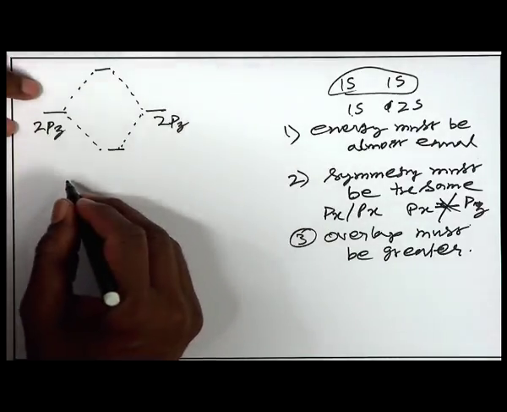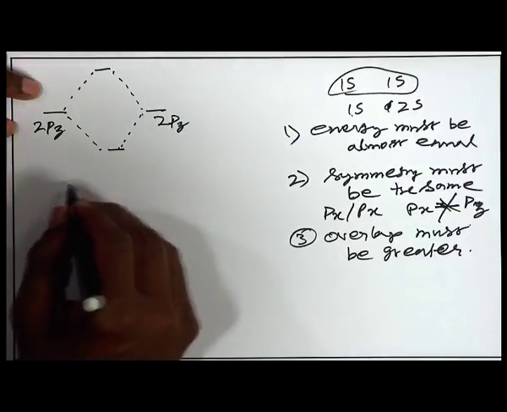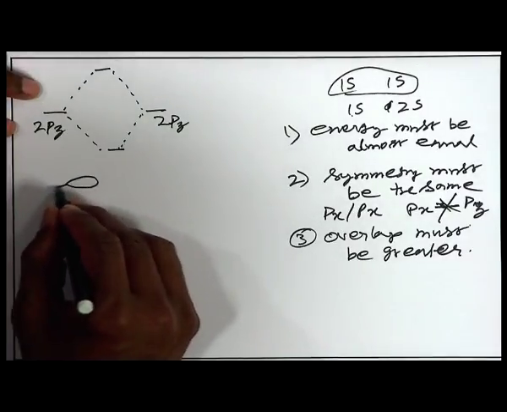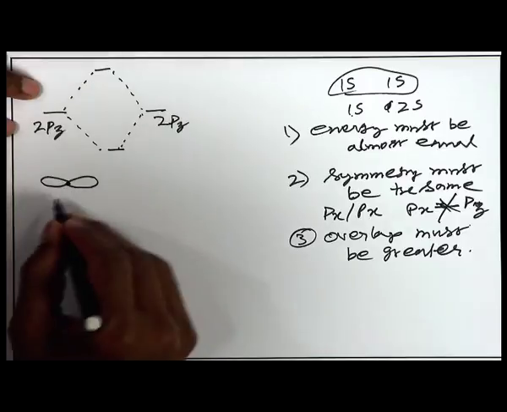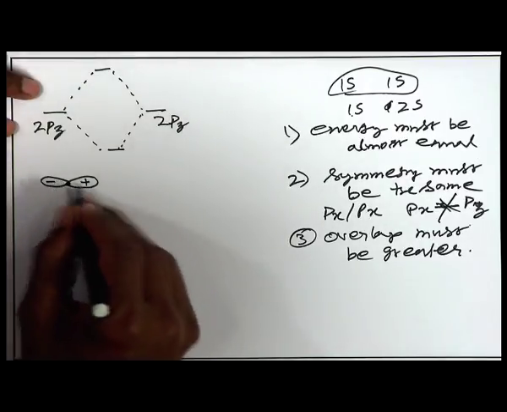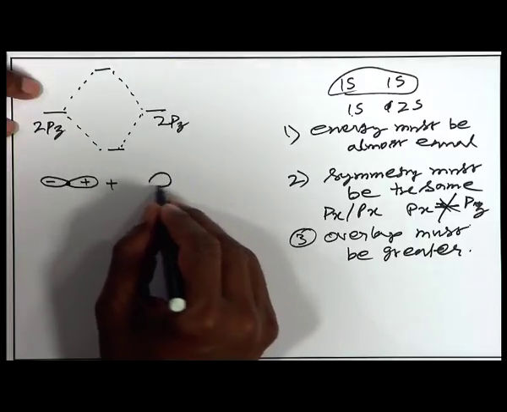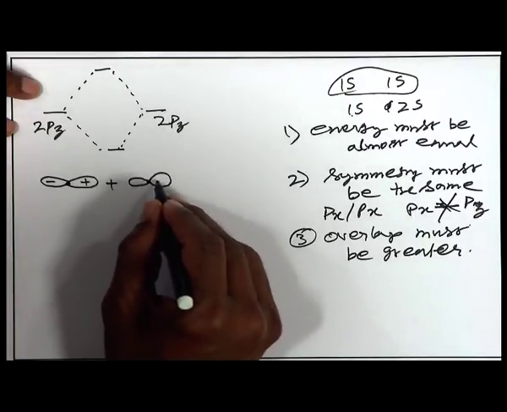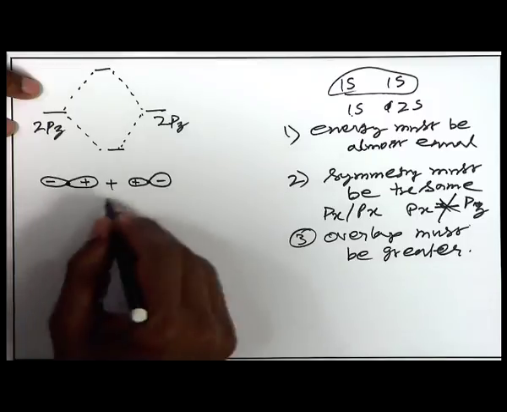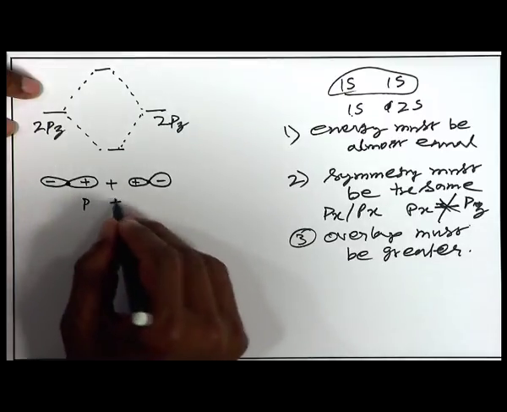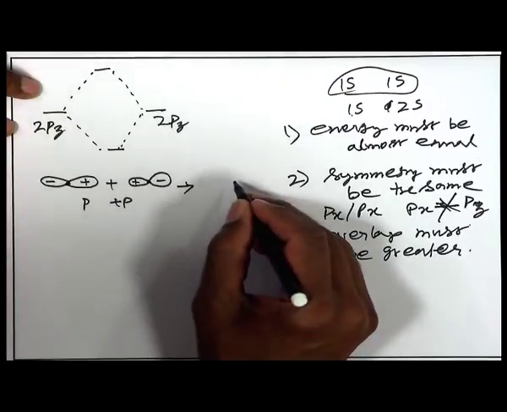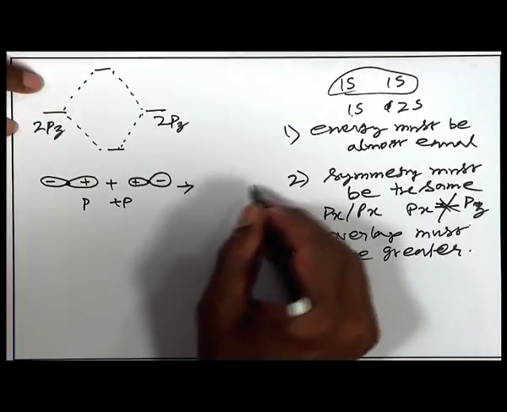Take atom A having a Pz orbital, with the nucleus, positive and negative being the sign of the wave function. Combine with another p orbital on the other nucleus. So p plus p will give a sigma orbital of this type.